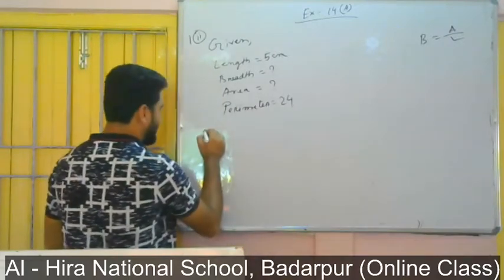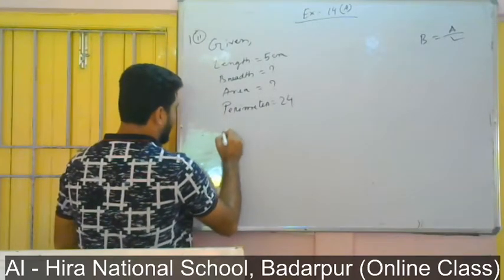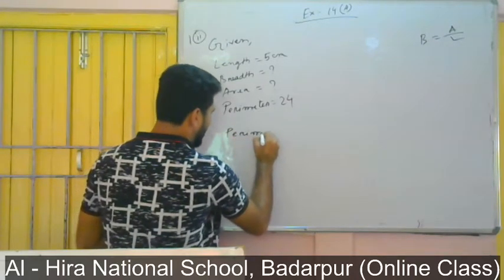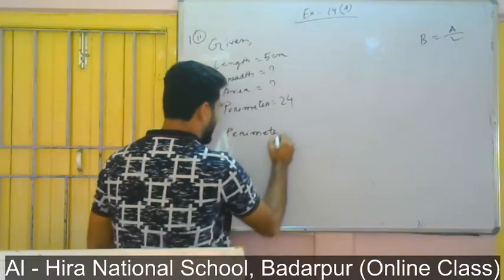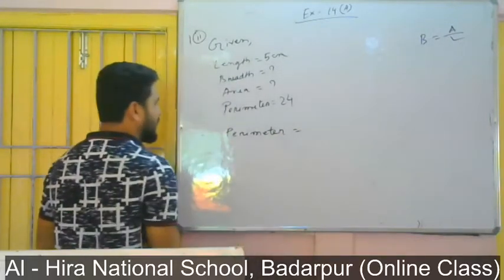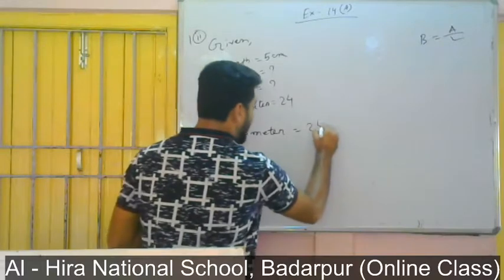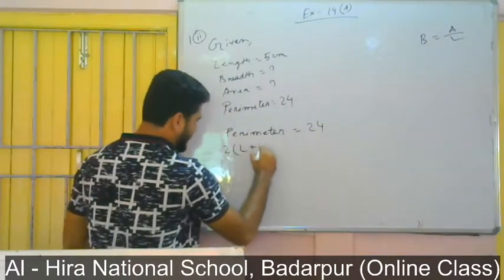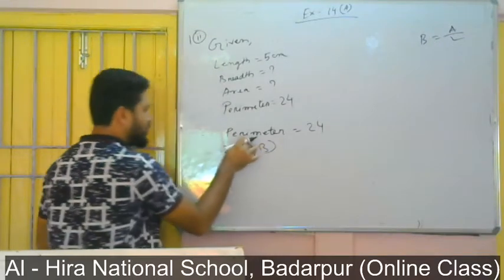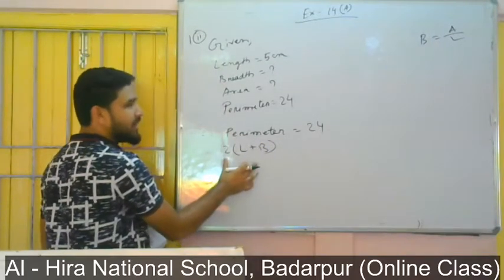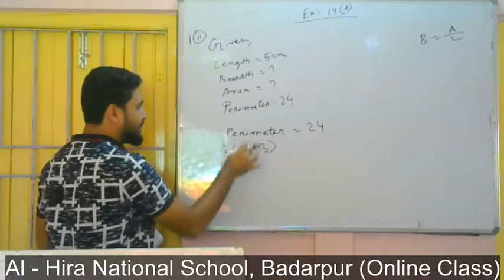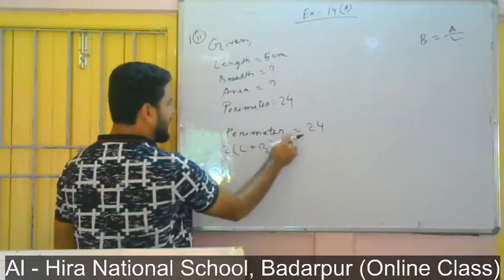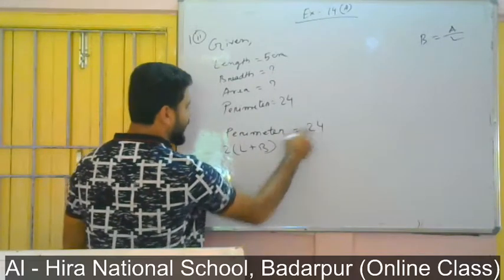So write perimeter equals to 24. In place of perimeter I can write 2 into L plus B, because we know perimeter equals 2 into L plus B. Here the value of perimeter is given, 24.